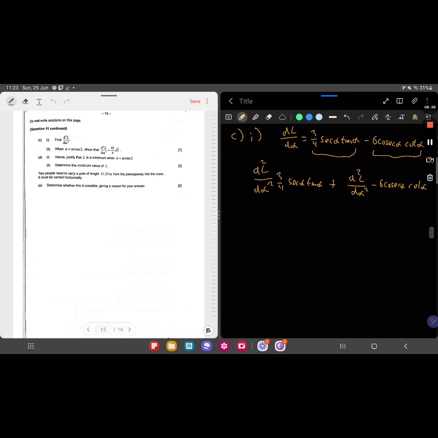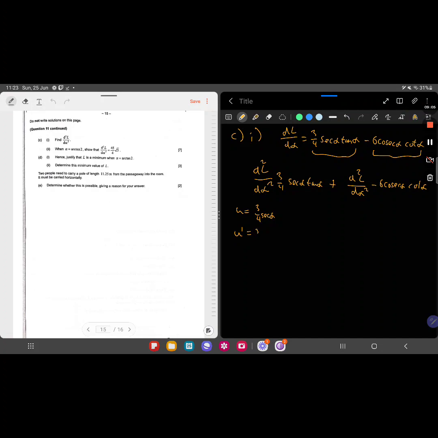So for the derivative of the first part, u equals sec alpha, and the derivative of sec is sec alpha tan alpha.